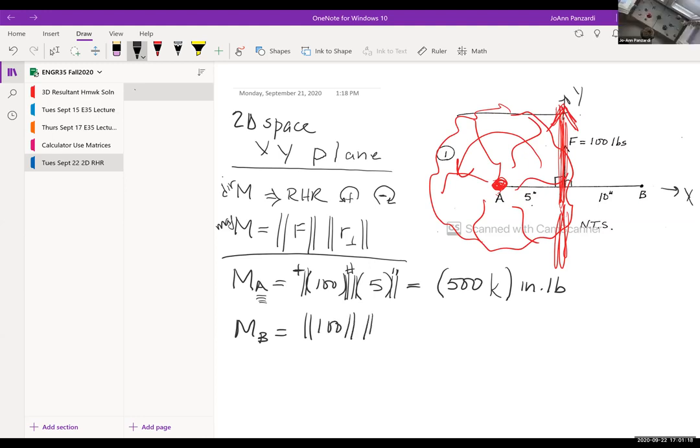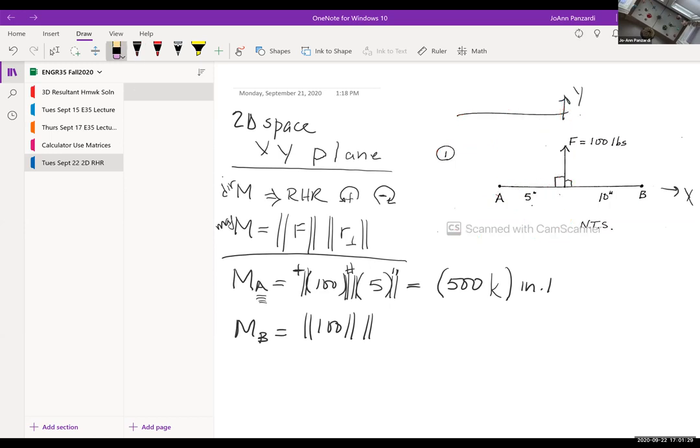What's the magnitude of the perpendicular distance from the force to point B? 10 inches. I'm going to erase all this other stuff so that it doesn't confuse.